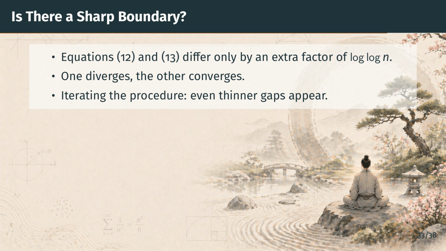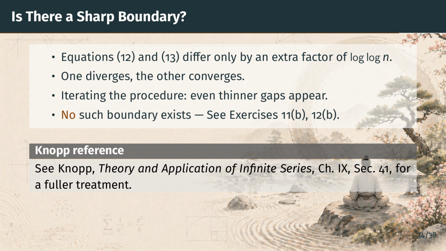The natural question is: is there some ultimate borderline series, a convergent series whose terms are larger than every divergent series in this family? The answer is no. No matter how we try to make the notion of a boundary precise, no such boundary exists. There is no slowest convergent series and no fastest divergent series, even among monotone series.